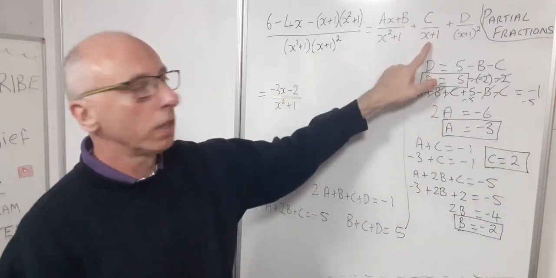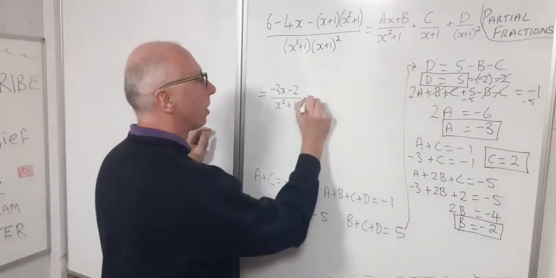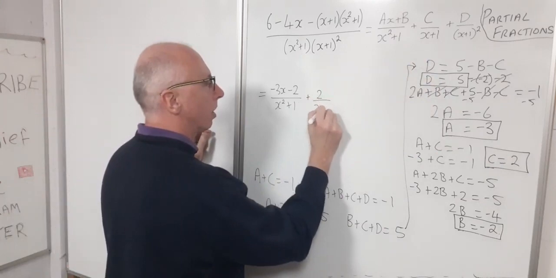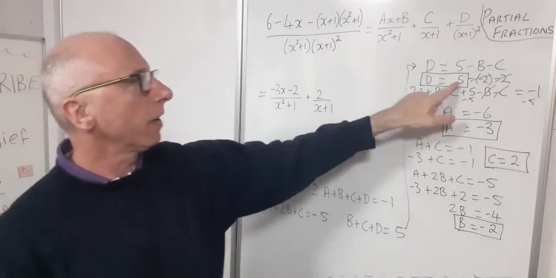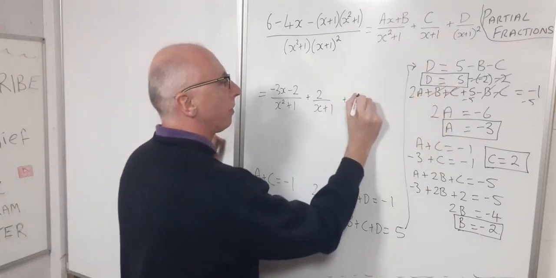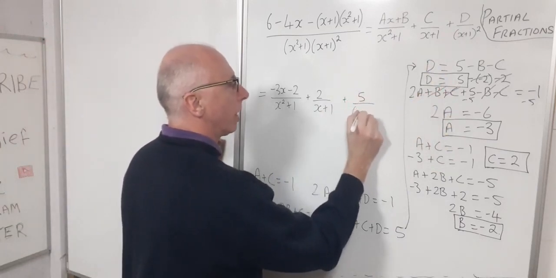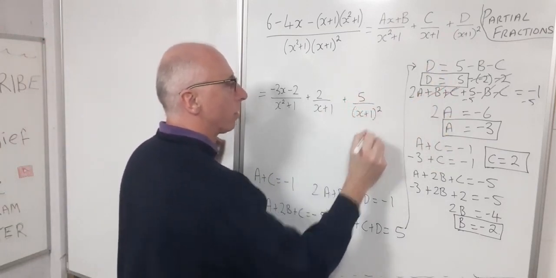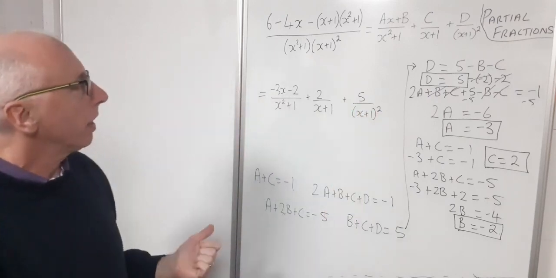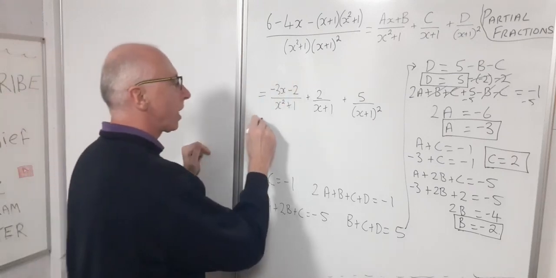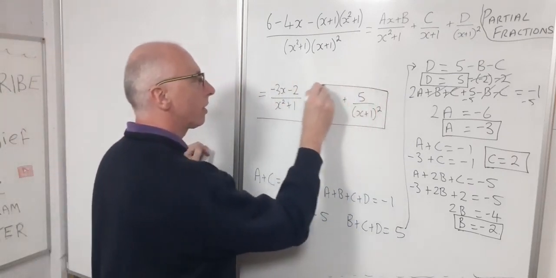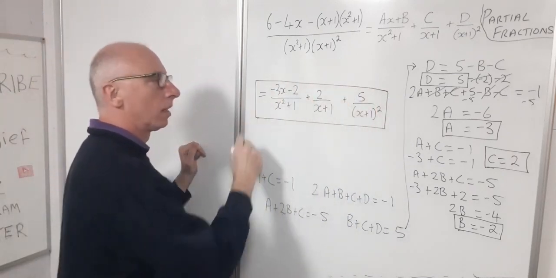C is 2, so I've got 2 over x plus 1. And my D is 5, so I've got 5 over x plus 1 squared. And that's it. That's the partial fraction decomposition of this complicated looking fraction here, and that's going to take care of that.